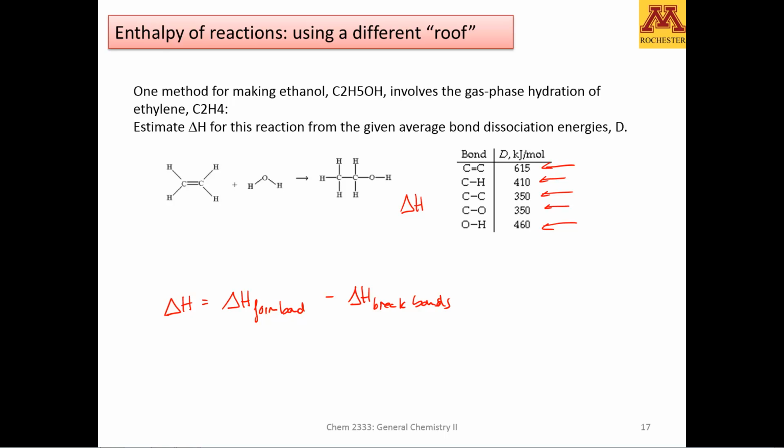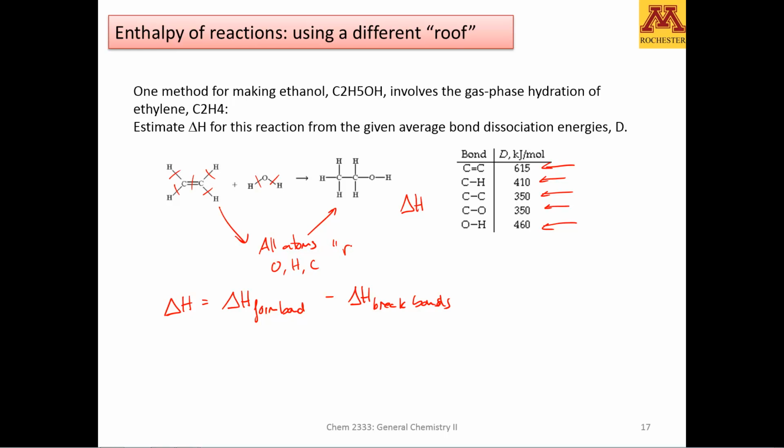So in this case, we are going to send the reactants to all atoms, and then we will form the product. So we're going to break all possible bonds here, so that we only have oxygen, hydrogen, and carbon, and then we will recombine this oxygen, hydrogen, and carbon into the molecule of ethanol.